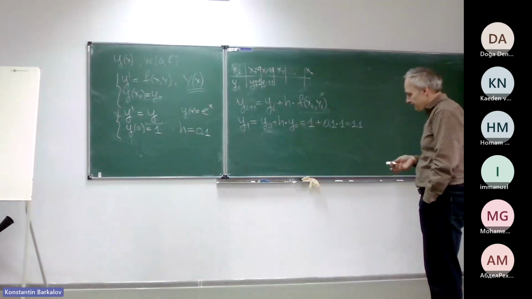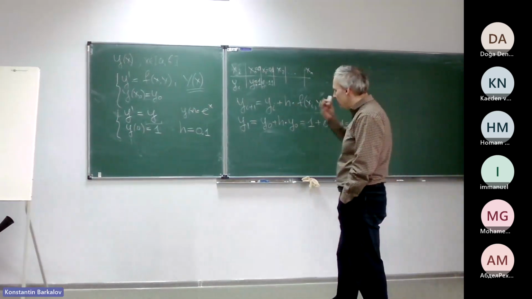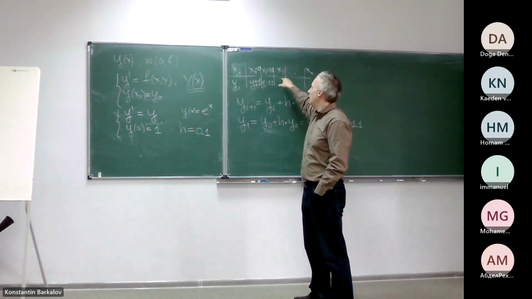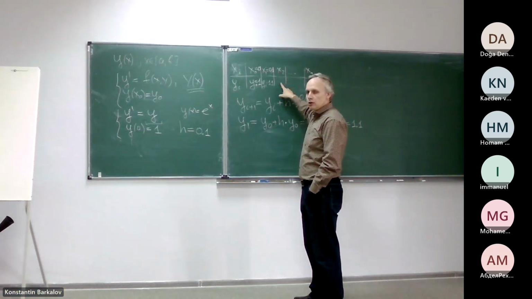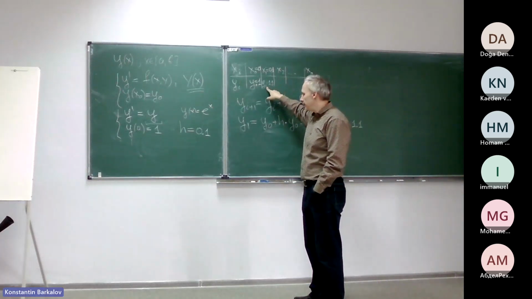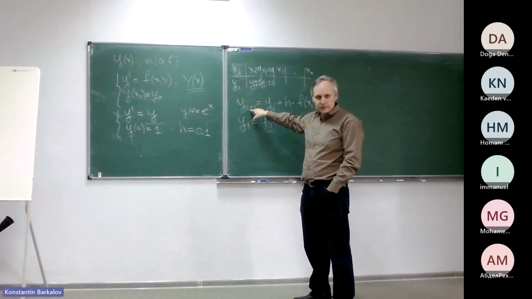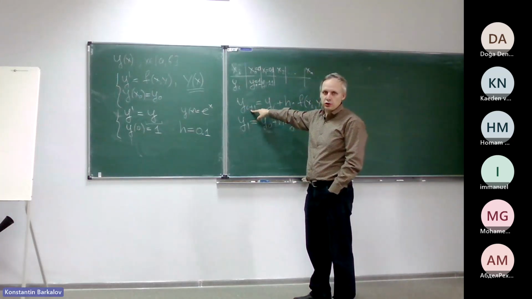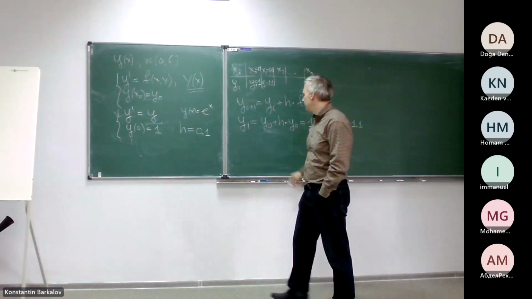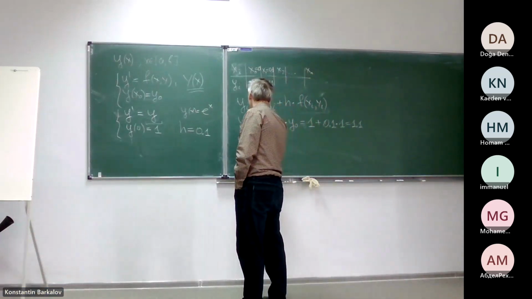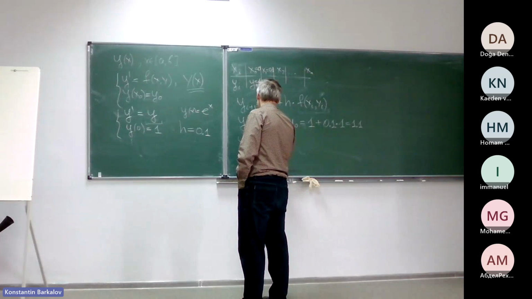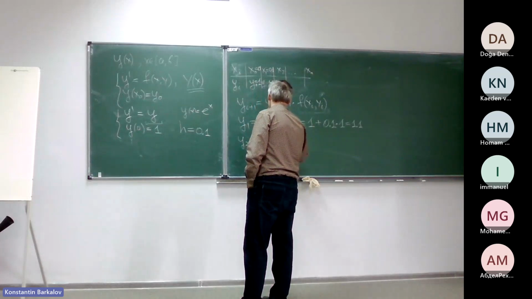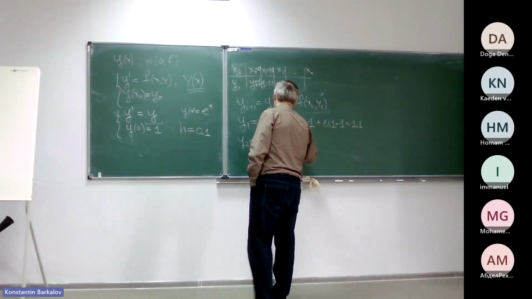What should we do next? We should compute y2. We compute y2 using y1. So the next point we compute using the previous point. y2 equals y1 plus h times y1.